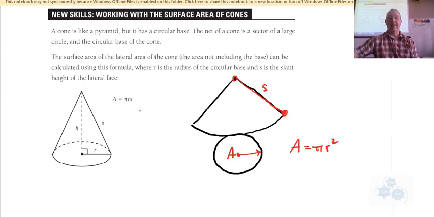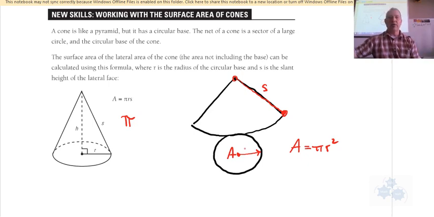Now pi, this little symbol right here, you guys should know a little bit about pi. It is a special constant used to calculate area, circumference, radii and things like that, of circles. It's a characteristic of every perfect circle. So we have to use pi as well.